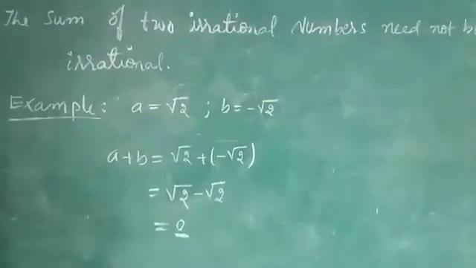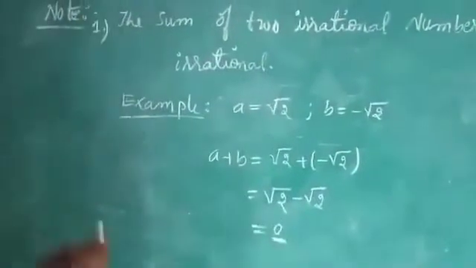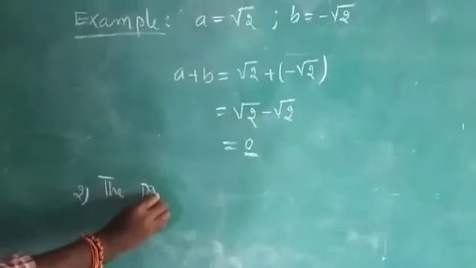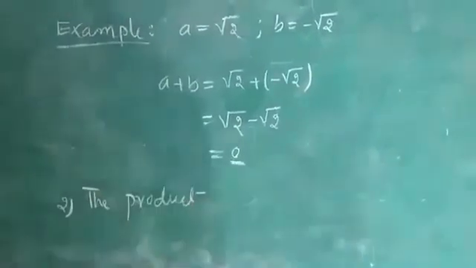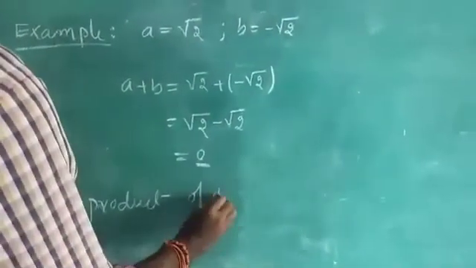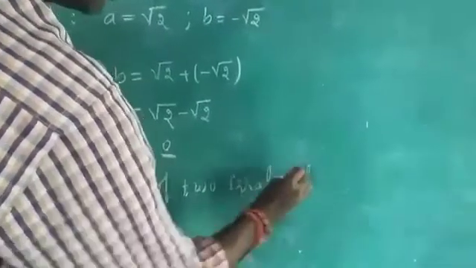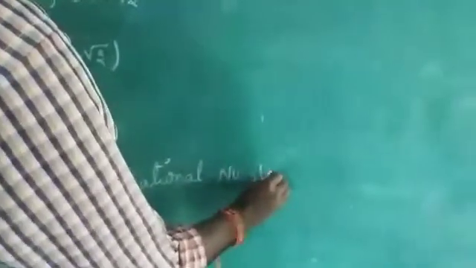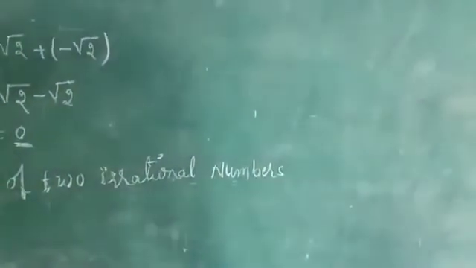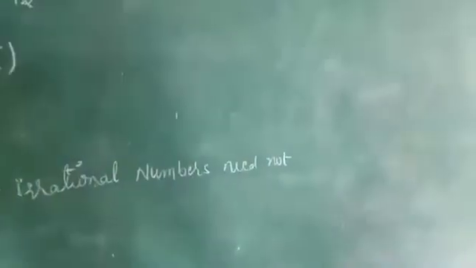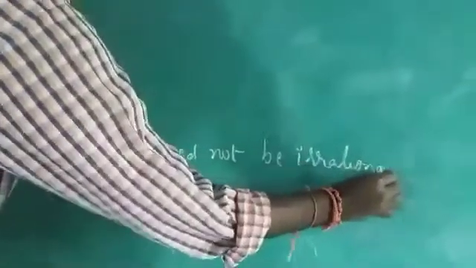Similarly, I will go to one more note. This was note 1. Now note 2. What is note 2? The product of two irrational numbers need not be irrational.